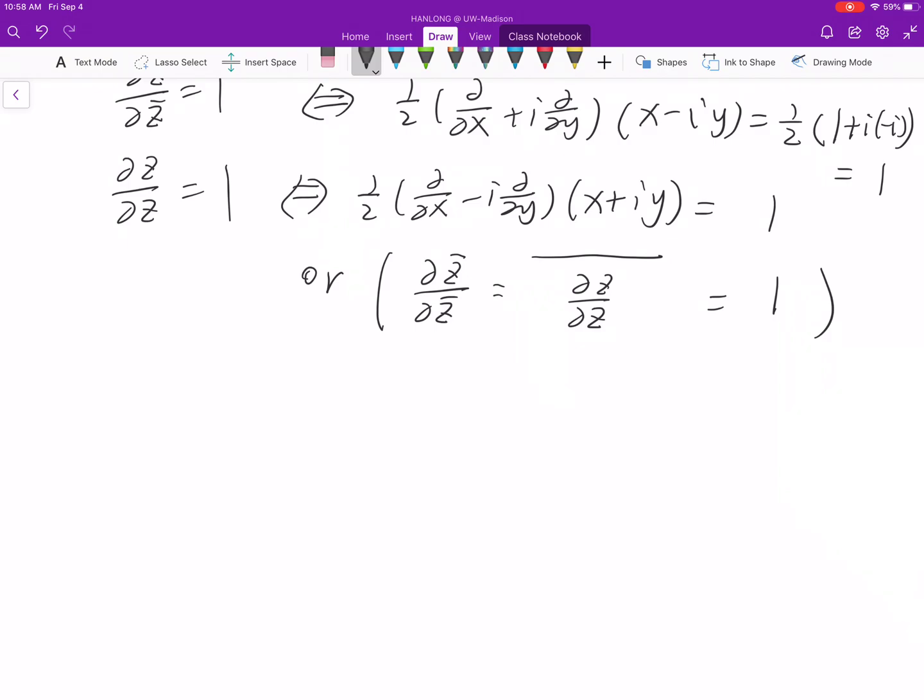And then how to verify z^n is holomorphic?